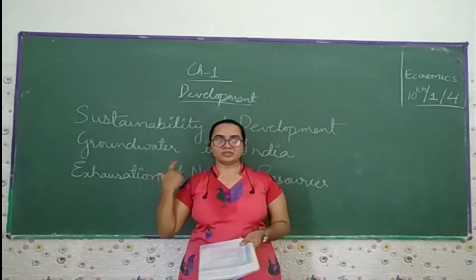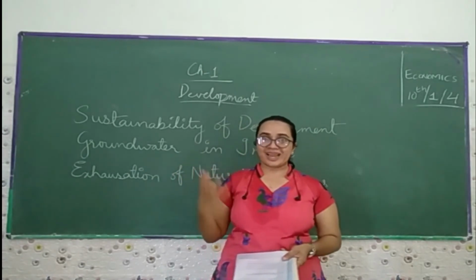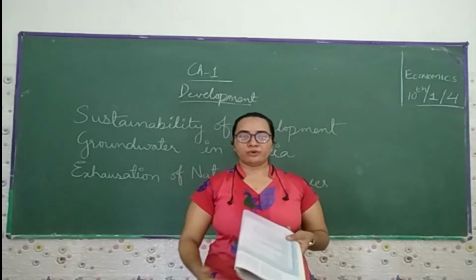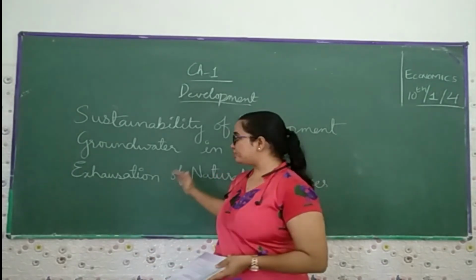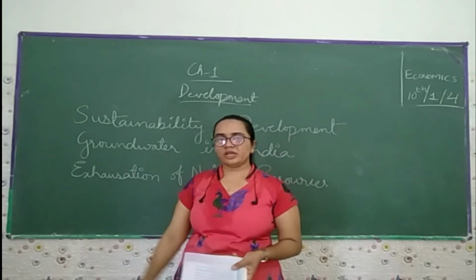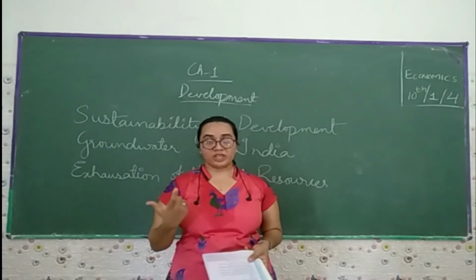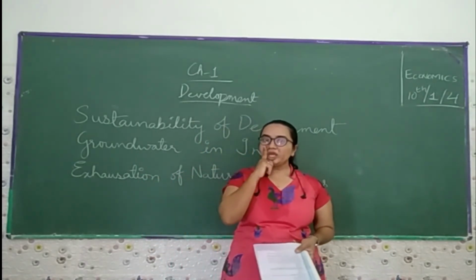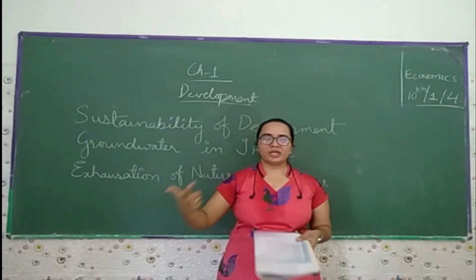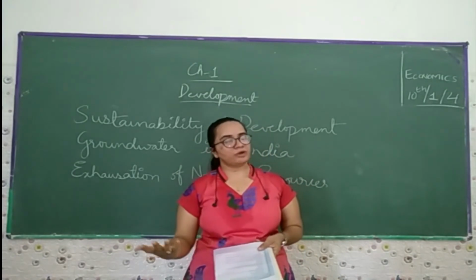Whether you talk about philosophers, economists, scientists, or social scientists, all the people work together for developing their nation and preserving natural resources. They do not want to exhaust the natural resources of this planet. If they are exhausted, we are not able to replace them, or in simple words, we can't take them back.